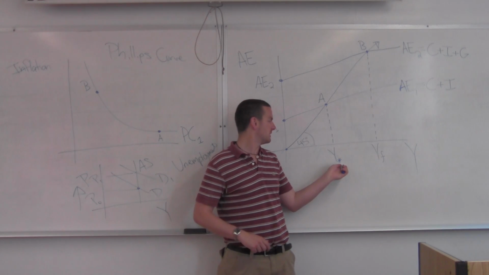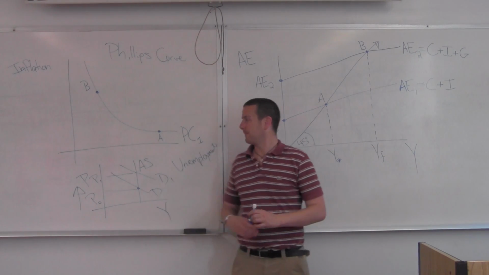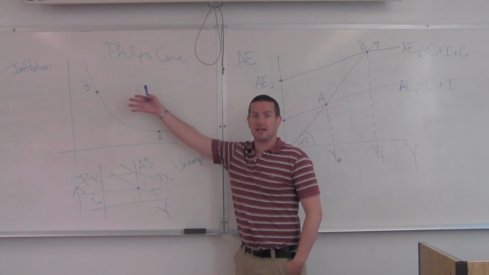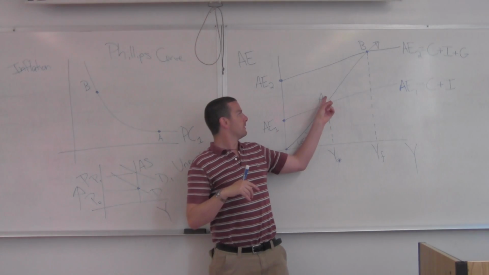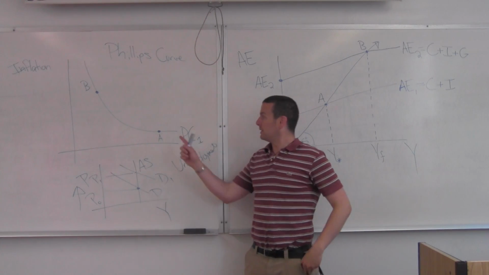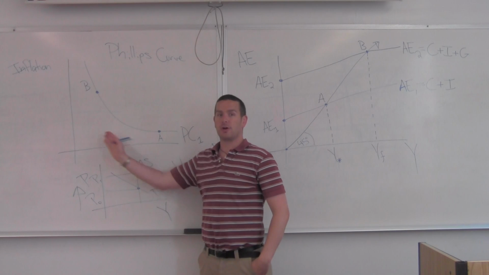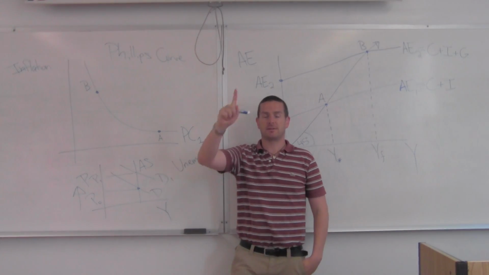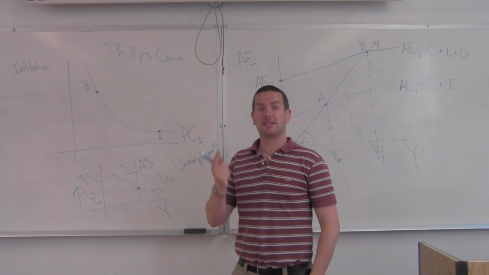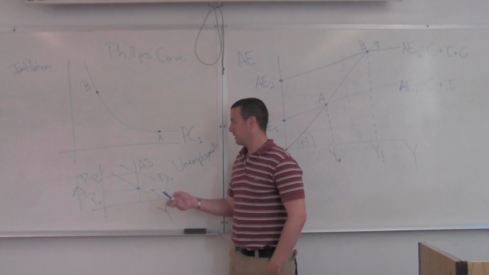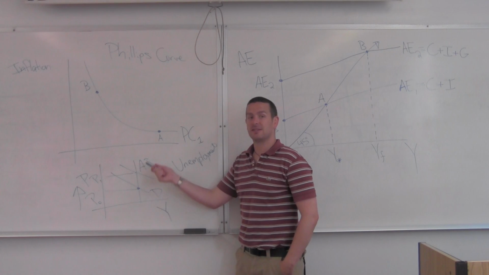You can go from Y star to YF. And in this Phillips curve, that's what you're saying. Going from A to B will lower unemployment. You'll go from here to here. Unemployment will go down. But if you decide to go ahead and spend more, be careful, because prices will also go up.